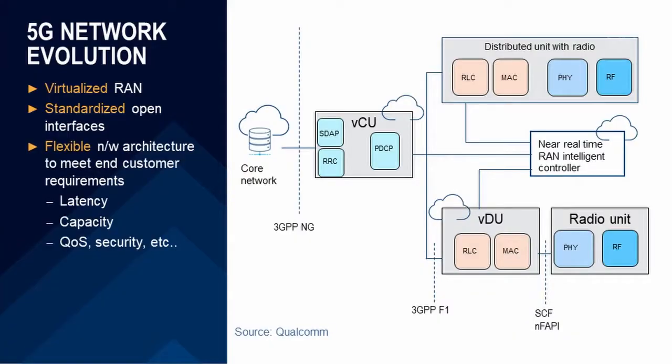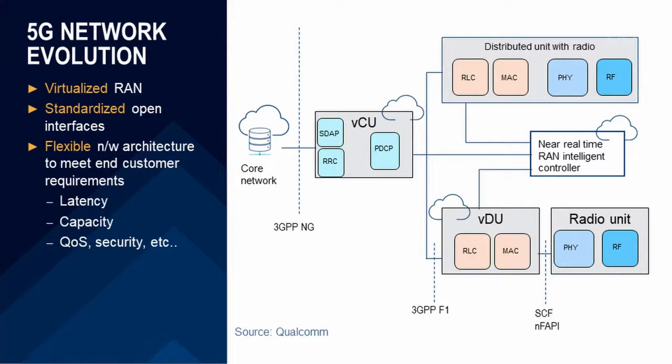So next, coming to the 5G network evolution. So we have talked about the open and standardized interfaces, which lead to disaggregated RAN, and then network operators are embarking on a virtualization journey, which means to virtualize the DUs and pool them into the cloud.